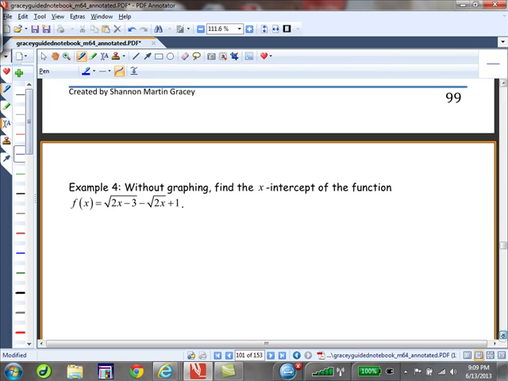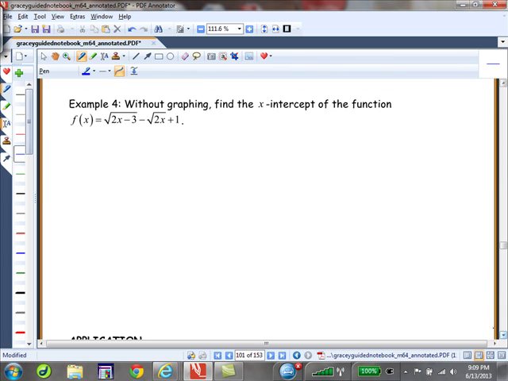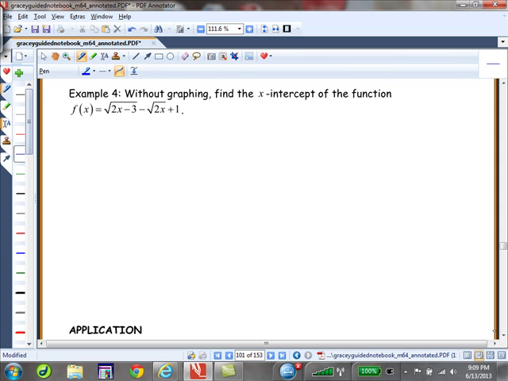Okay, example 4. Without graphing, we need to find the x-intercept of the function. So what would your y value, or your function value, be when you're crossing the x-axis? Kind of visualize that. Good, it would be 0.